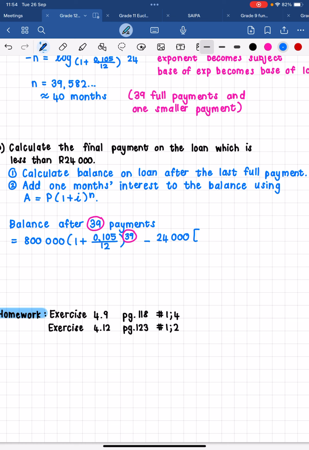So we're going to say bracket 1 plus, again, the same interest rate, to the power of 39 again, minus 1, over that same interest rate. So we use the same n value for both parts of this formula. All right, I'm quickly going to work this out.